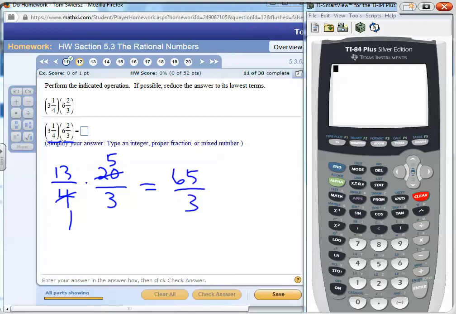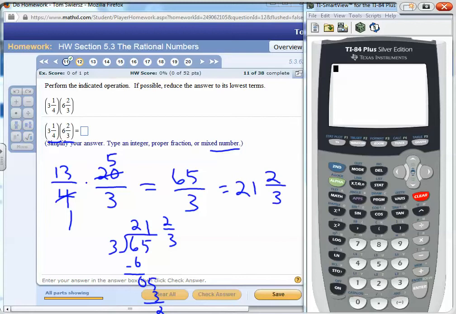Now, again, we're supposed to write it as a mixed number. So 65 divided by 3 goes in there twice, and then once, and the remainder is 2 over the divisor. So it would be 21 2/3.